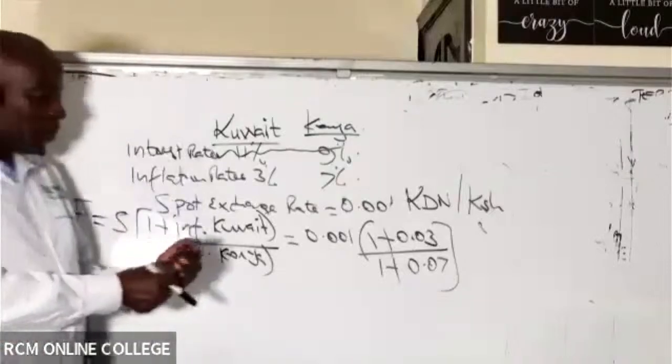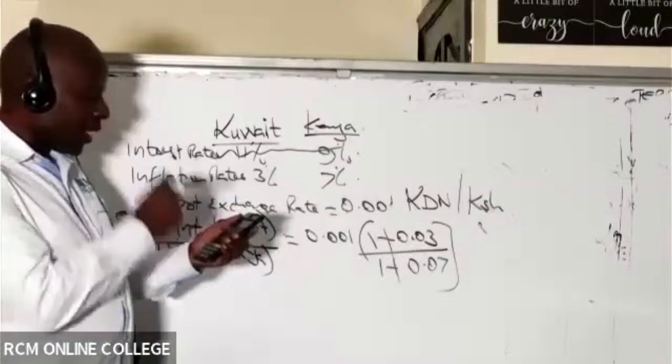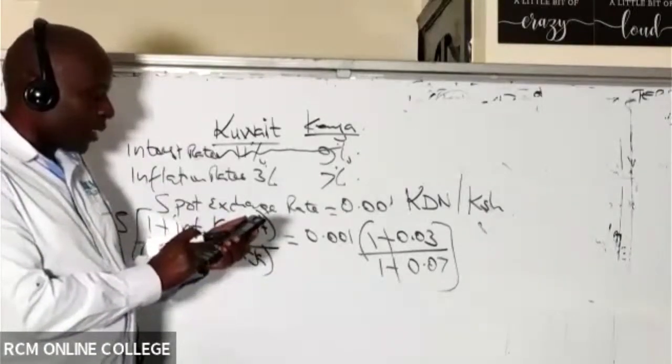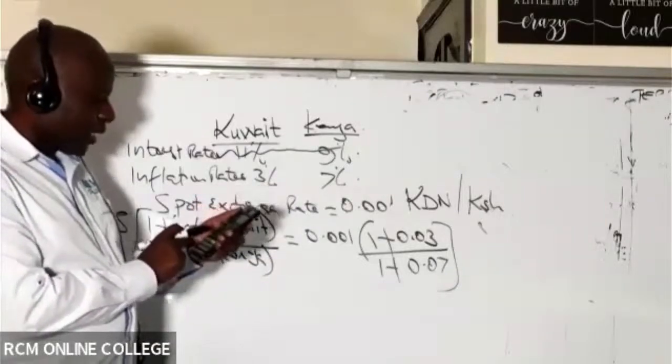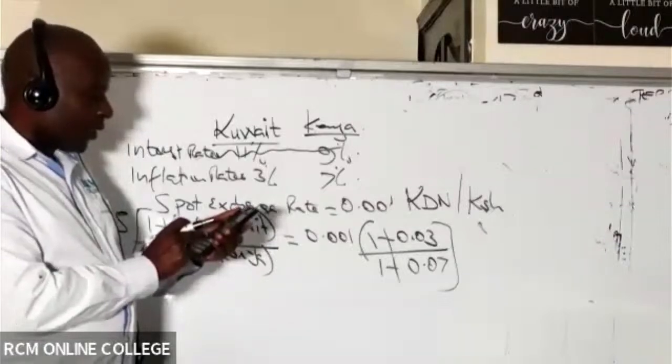So then you come here with your calculator, you say 0.01 times, we have here into bracket 1 plus 0.03, you close. You divide this by 1 plus 0.07, you close, you say equals. So you say like that.